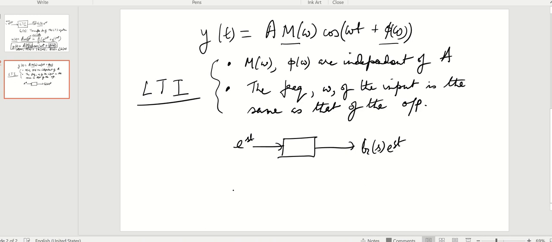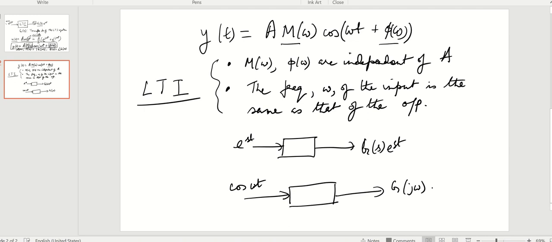But in general, if you are applying a cos omega t instead, you don't really perform a multiplication. This will be incorrect if you just write this as G(j omega) cos omega t. That is just not done.